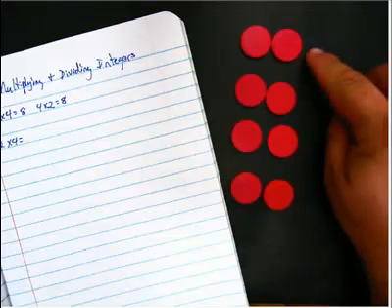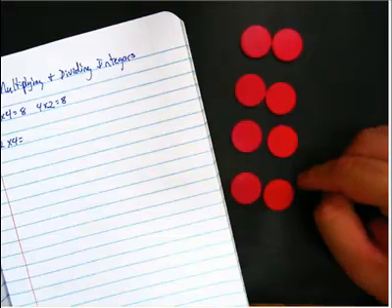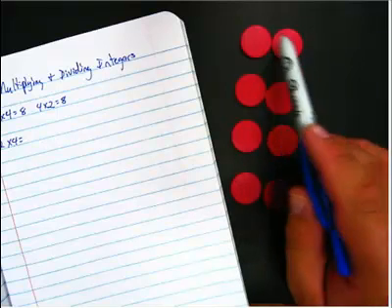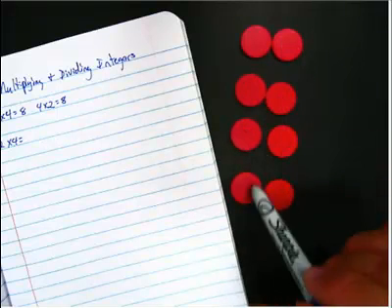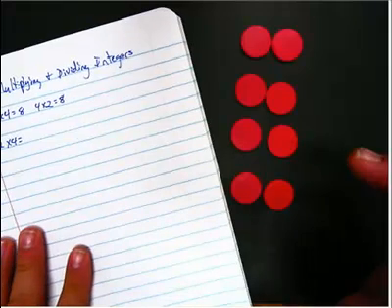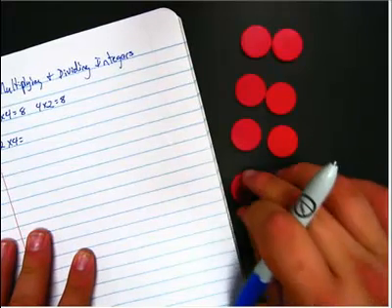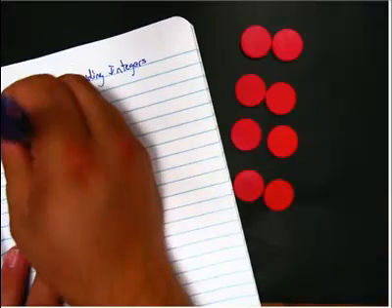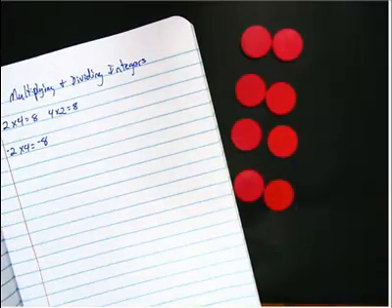So that is 1, 2, 3, 4 sets. That leaves me with 1, 2, 3, 4, 5, 6, 7, 8 of them, but 8 what? Notice they're on the red side, so that means they're negative, so that leaves me with negative 8.